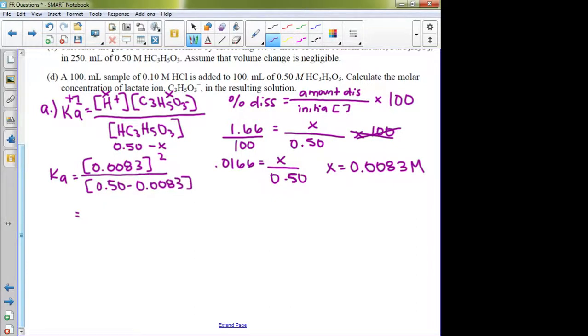And so then I get that my Ka is 1.4 times 10 to the negative 4. So they would have given me a point for my expression. They would have given me a point for knowing that I had to find X and for getting the correct value. And then they would have given me a point for finding Ka.